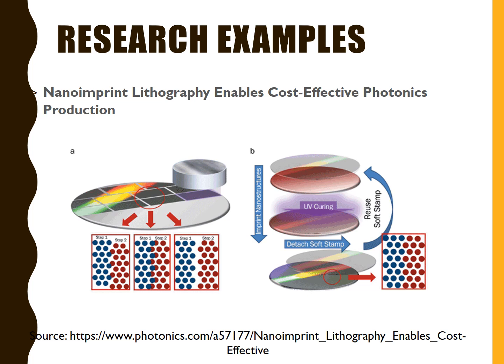So on this image, on the A, you can see how a stepper will work. You have a small printing area, and you will try to replicate that every single time.